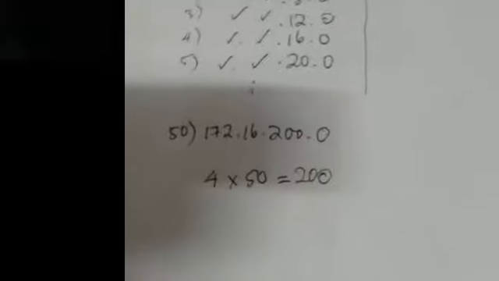So to find the 64th subnet, you should know what to do. 64 times 4 will give you the network address or the subnet address for the 64th subnet. So that's basically what you can do when you're trying to find network addresses or subnet addresses, and you're doing subnetting based on octet boundary using a /16 network address.